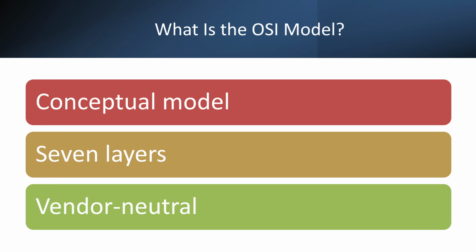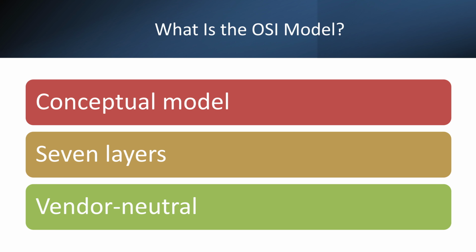Now, why does networking use layers at all? Imagine trying to fix a problem without a structure; you wouldn't know where to start. Layers allow us to separate responsibilities. Each layer focuses on a specific task, such as physical transmission, addressing, or application communication.